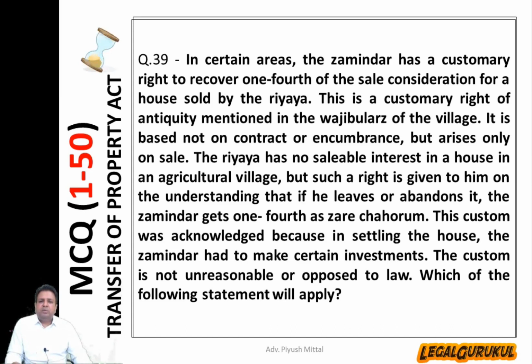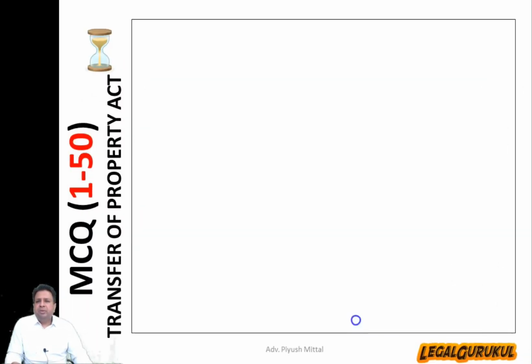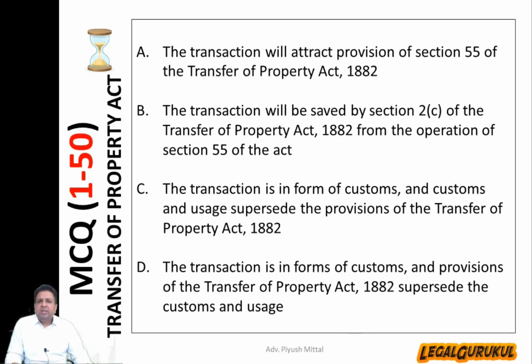Which of the following statements will apply? Option A. The transaction will attract the provision of section 55 of the Transfer of Property Act. B. The transaction will be saved by section 2C of the Transfer of Property Act from the operation of section 55 of the Act.